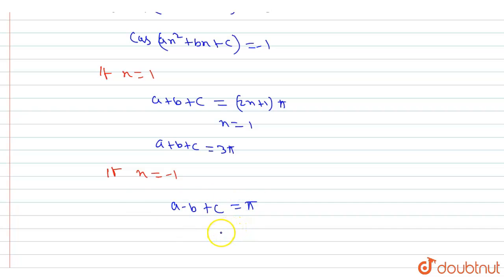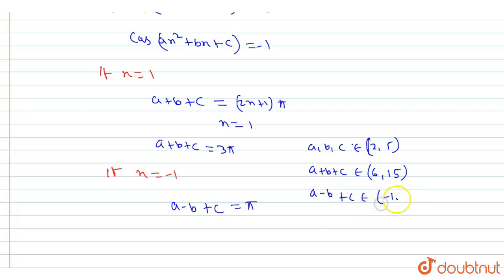Clear? From here we can write, and also it is given that a, b, c belongs to [2, 5]. So a plus b plus c belongs to [6, 15]. Clear? And a − b + c belongs to [−1, 8].